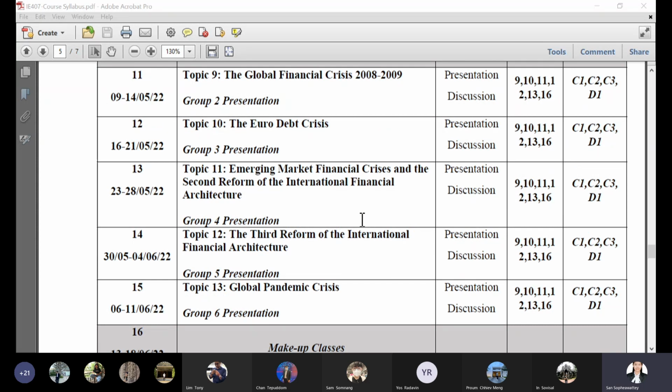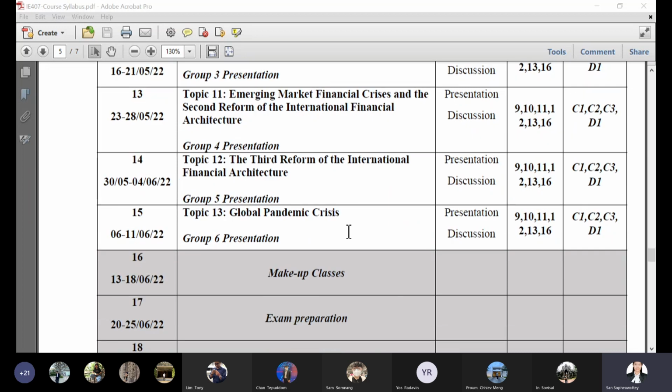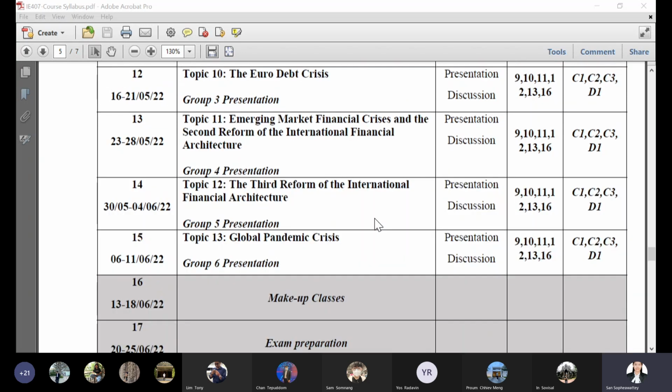I think you already have the book, the second part of which looks at emerging market financial crises and the second reform. The next group is the third reform and international financial architecture. And the last group will be on the global pandemic crisis, which will be a little bit different, as we mentioned before. And then you also have an individual assignment as well.